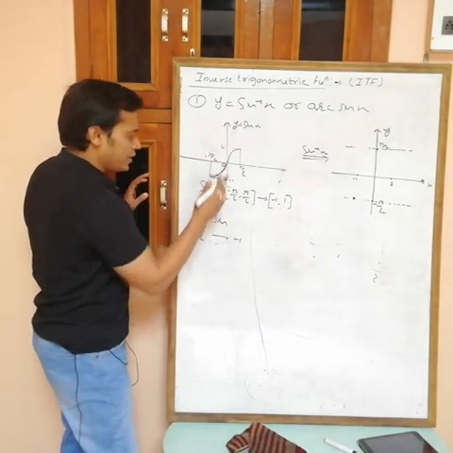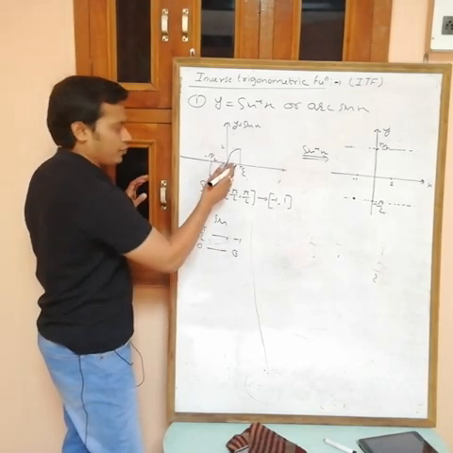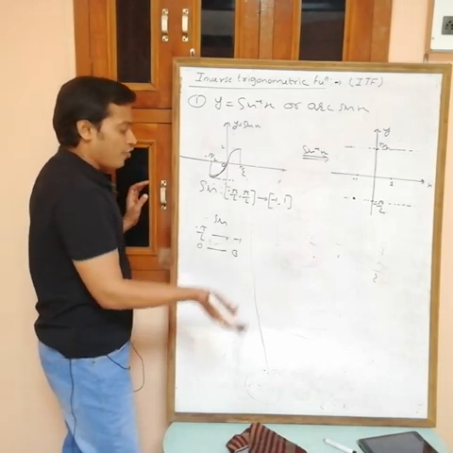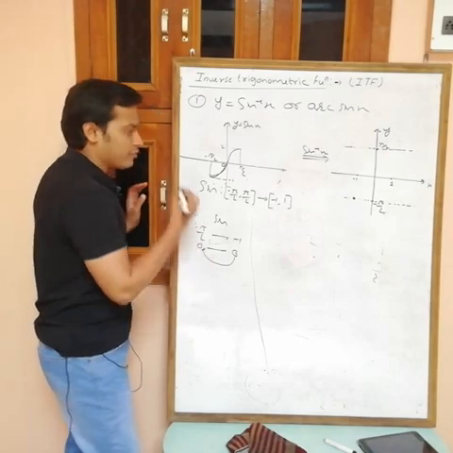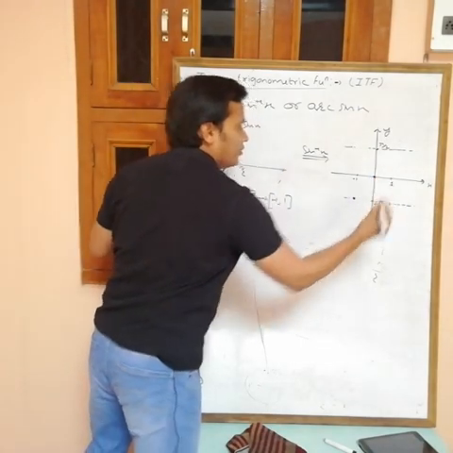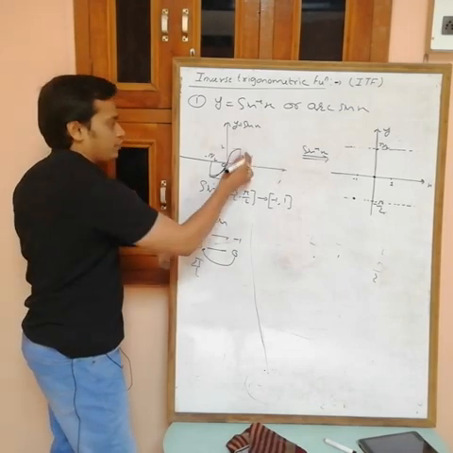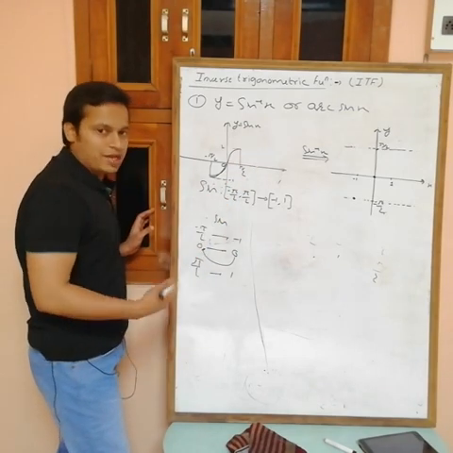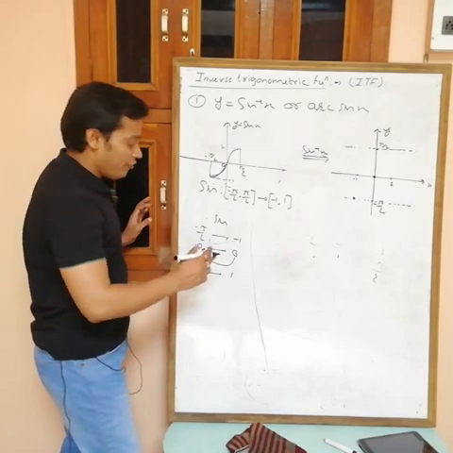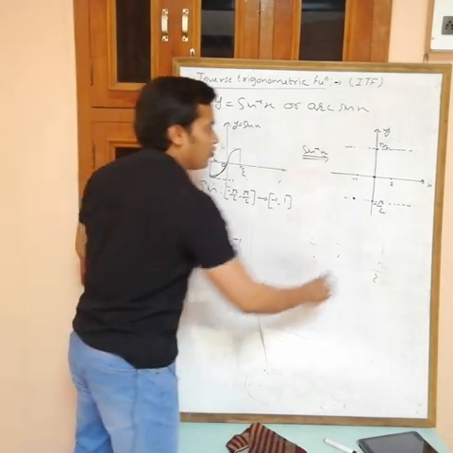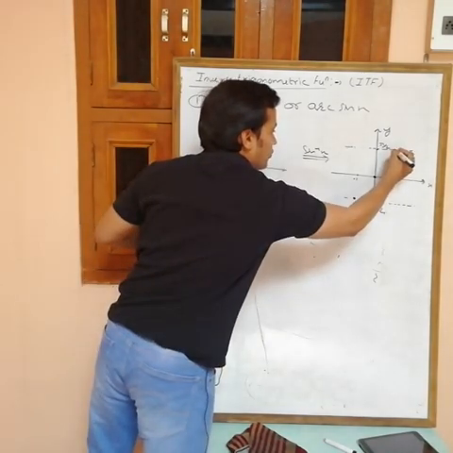Value of sine at 0 is equal to 0, sine 0 equals 0, na. So the value of sine inverse at 0 is equal to 0. So at 0 again we are getting 0. Now the value of sine at pi by 2 is equal to 1, sine pi by 2 equals 1, na. Okay. Then the value of sine inverse at 1 is equal to pi by 2.